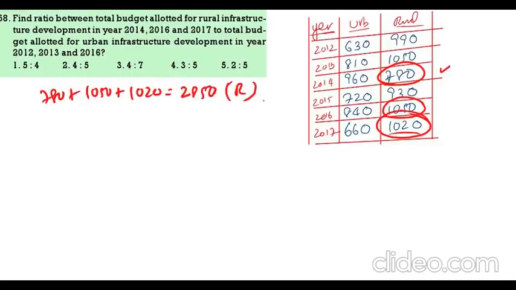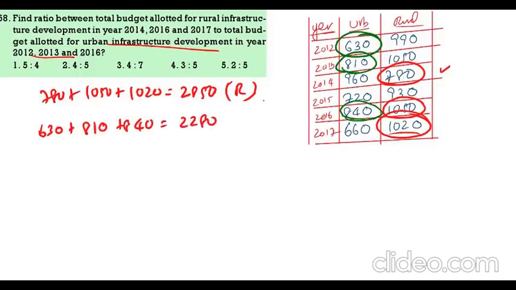Then urban in 12, 13, 16: 630, 810, 840. This is 2280. This is urban. Find the ratio of 285 is to 228.